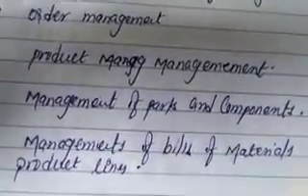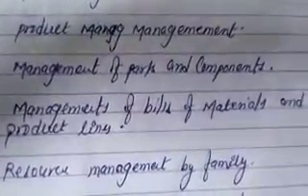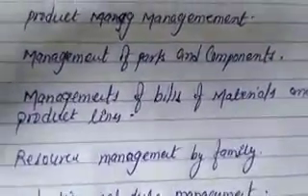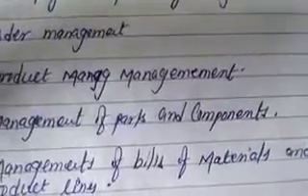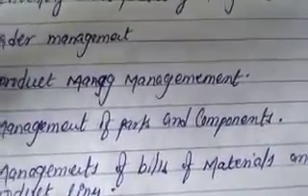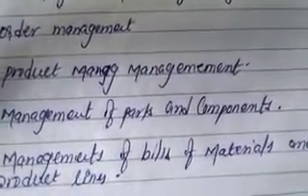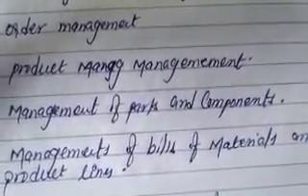And fourth, management of parts and components. If we have many types of parts and equipment in industry, how do we control and regulate these parts and components? So the CAPM method decides this point, the management of parts and components.